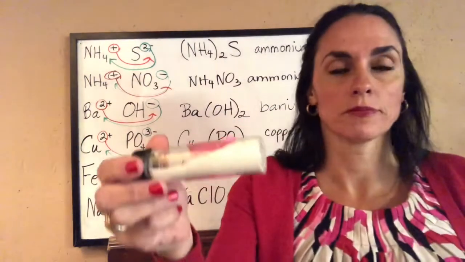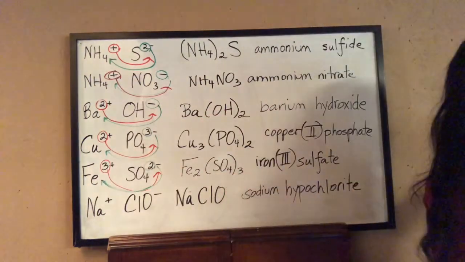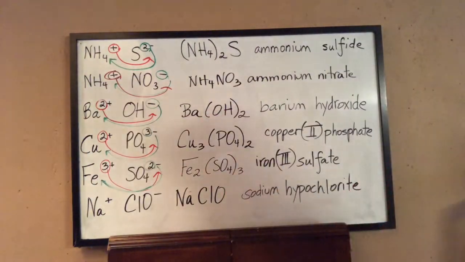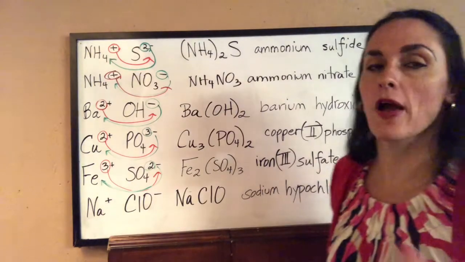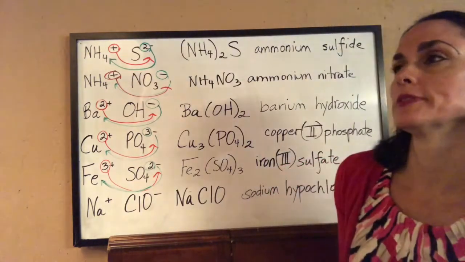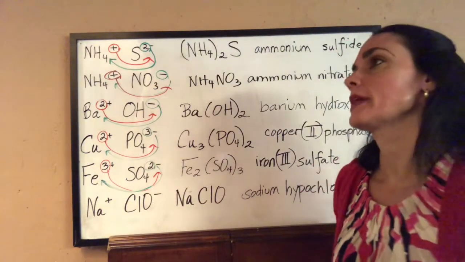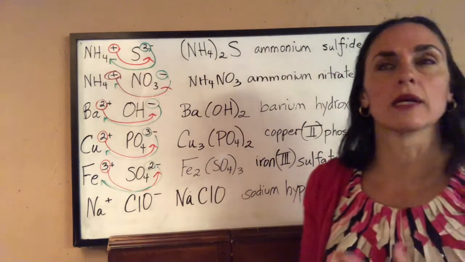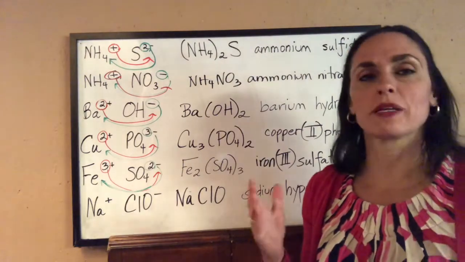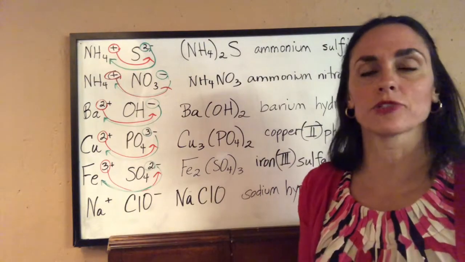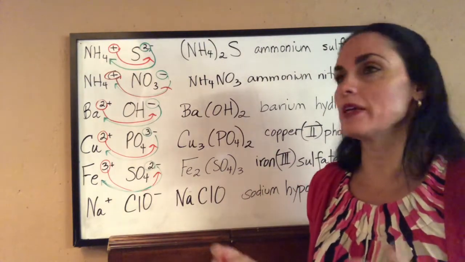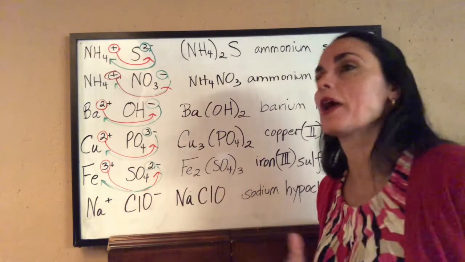Okay. I only have the white powders at home, but copper compounds usually are blue or green solids. Nickel compounds are usually orange. Cadmium compounds are usually yellow. Your transition metals give you cool looking colors. Iron can be anywhere from orange to red.